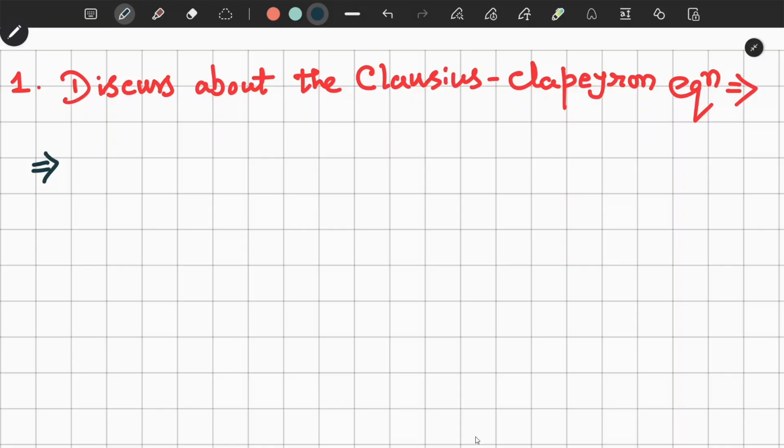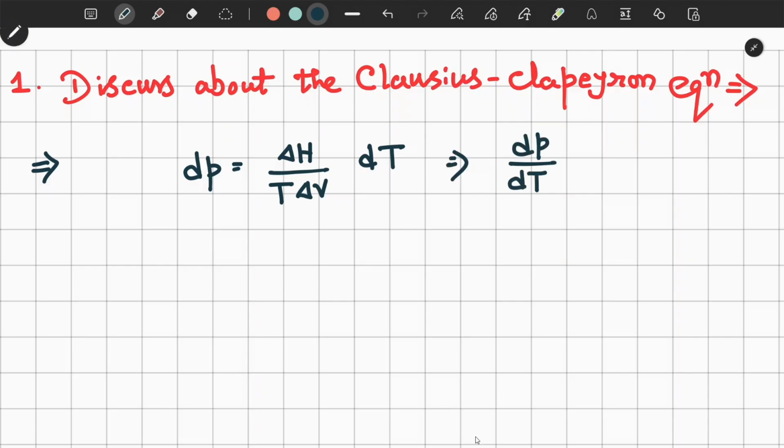First, that is dP/dT. Sorry, dP equals delta H by T delta V into dT. So this is our Clausius equation. This can be written like this as well: dP/dT equals delta H by T delta V.